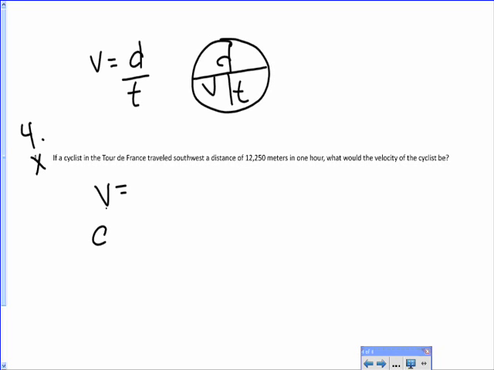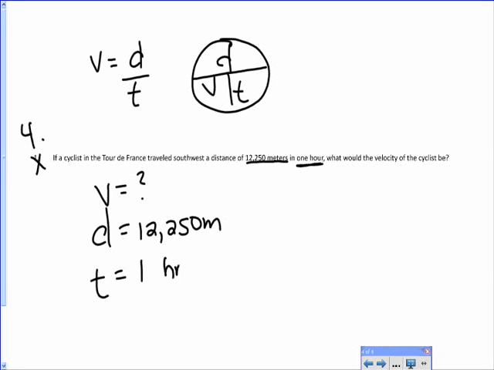So say V equals, D equals, T equals, and it asks us down there what would the velocity be, so we know that's the question mark. The distance, let's underline our numbers. Okay, the distance is 12,250 meters, and the time is 1 hour.